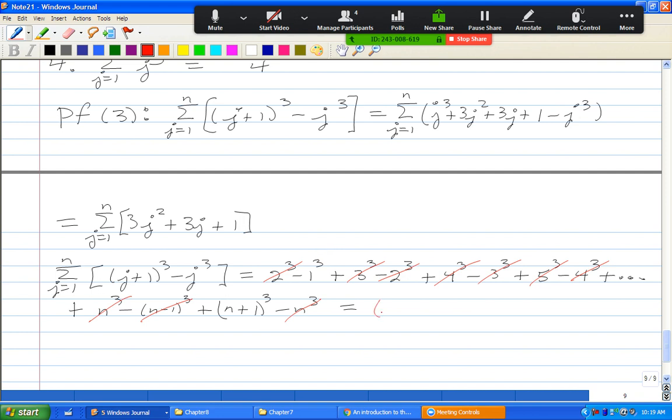And so I get n plus 1 cubed minus 1 cubed. This is what's called a telescoping series.